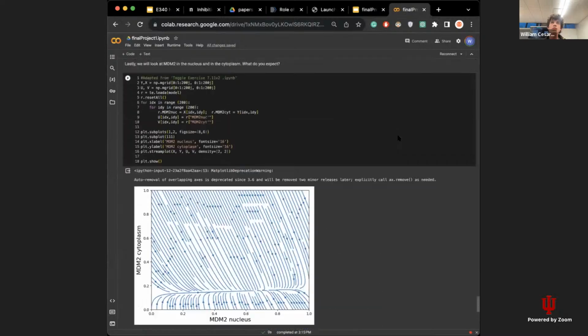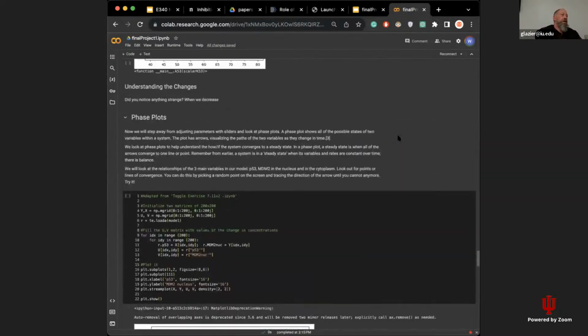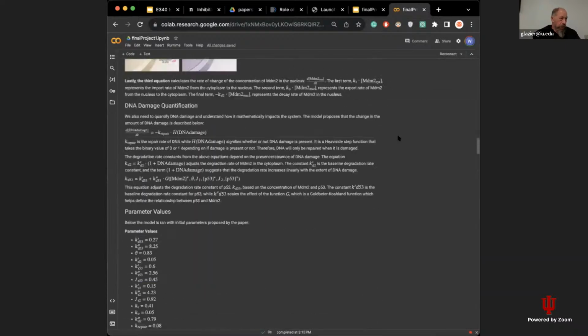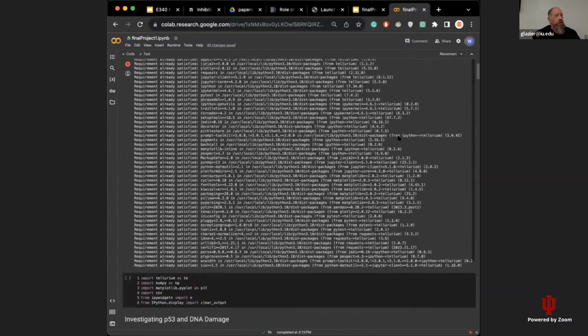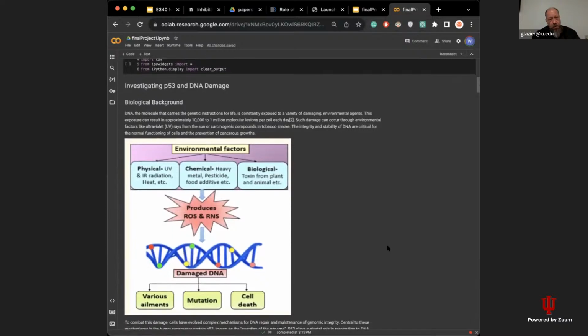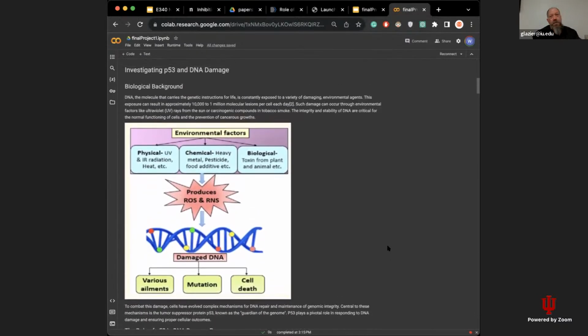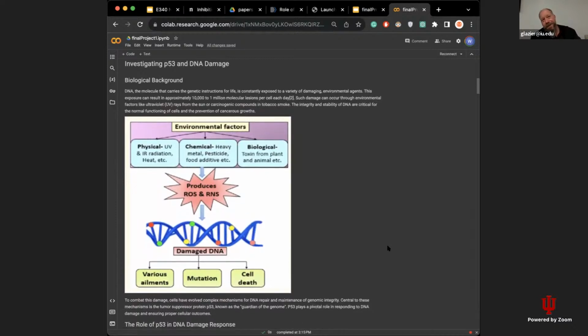Can I show this? It occurs to me seeing this, which is quite nice, that when you do these phase plots, it really would be helpful if we actually had the positions of the fixed points. One way to do that would be to run the time series for a long time and save the final values.